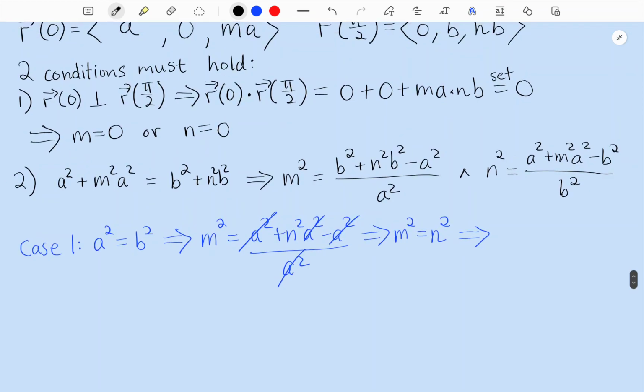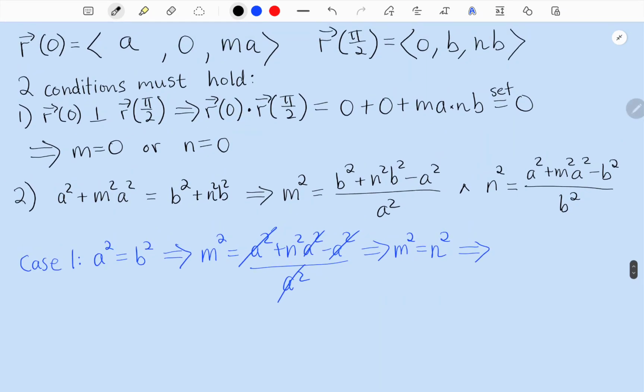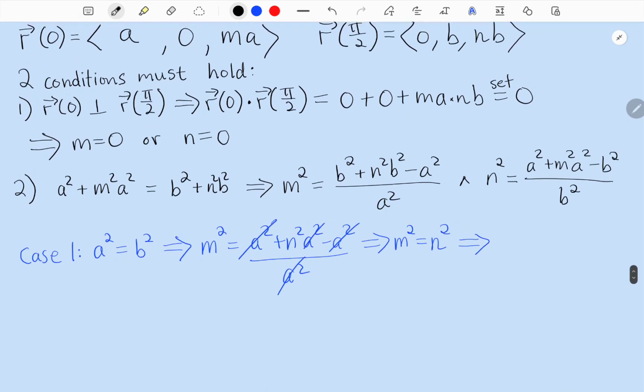But look, this condition must hold: m is equal to 0 or n is equal to 0, because of this orthogonality condition. Their dot product needs to equal 0. So one of m or n is 0, but m squared is equal to n squared.